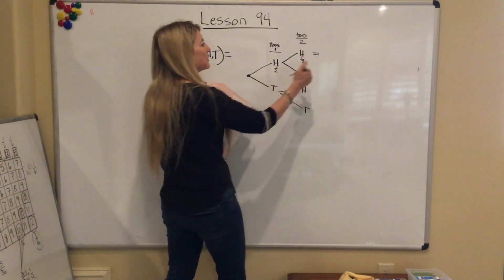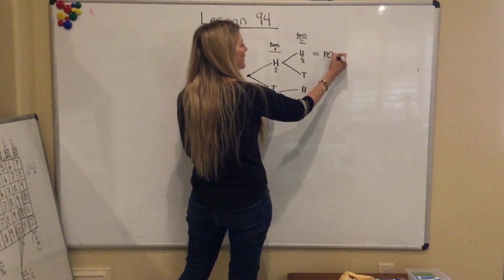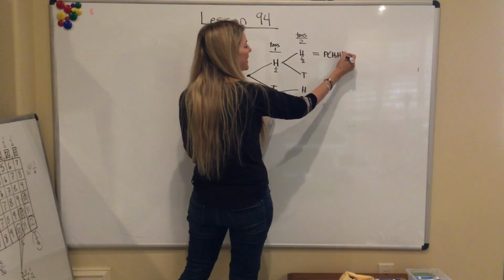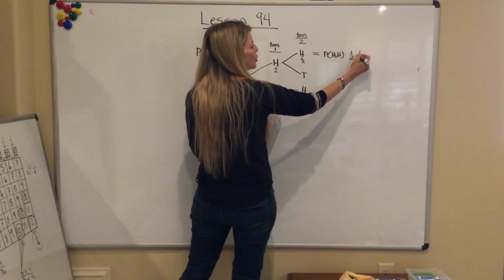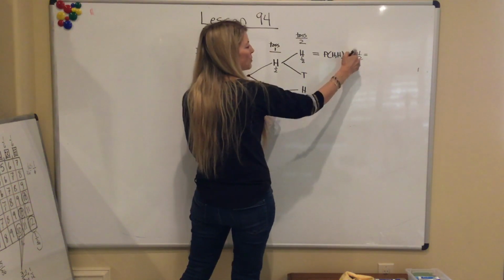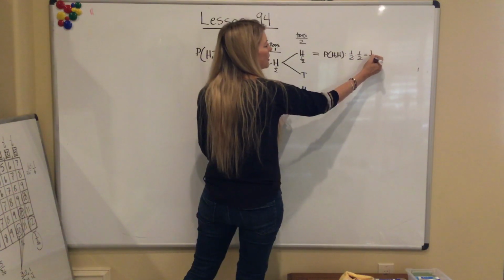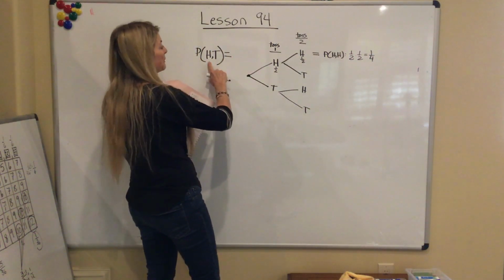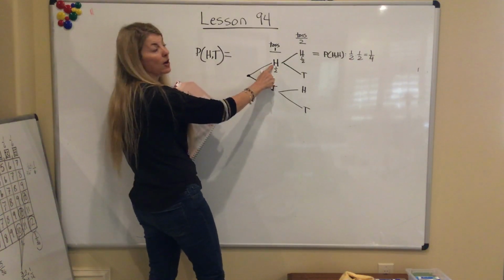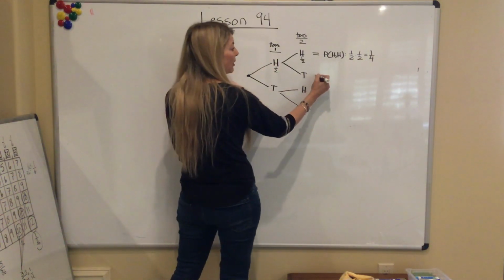The way that we would figure out the probability that I get heads on the first toss and heads on the second toss is we multiply the 2 independent probabilities. 1/2 times 1/2 gives us 1/4. So what's the probability that I get heads on the first toss and tails on the second toss?